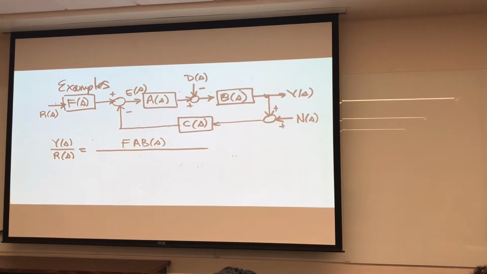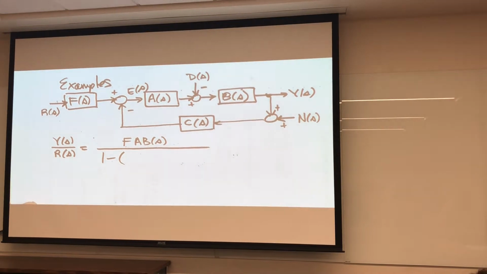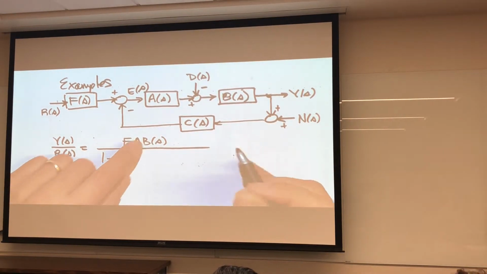Now we want to do the loop gain. The loop gain is 1 minus, and we want to start anywhere in the loop and go all the way around one time and pick up all the gains. So let's just start right here.